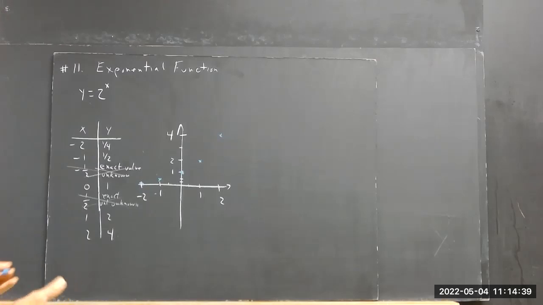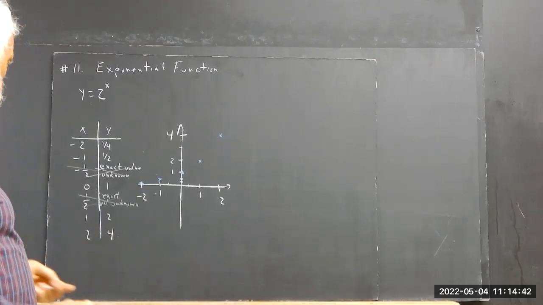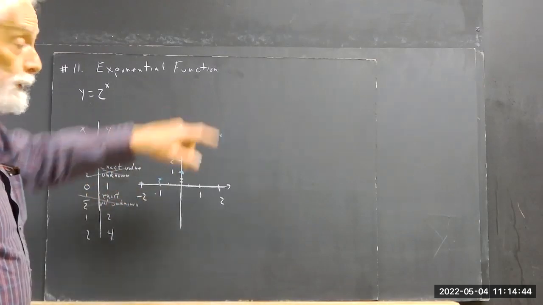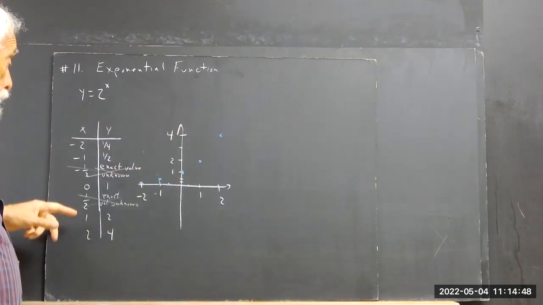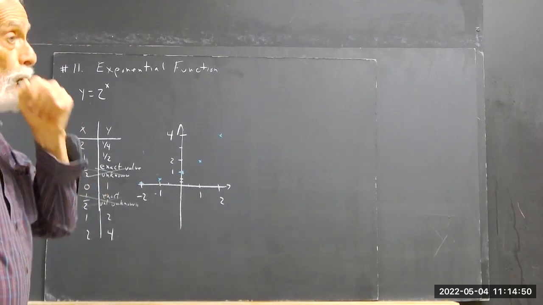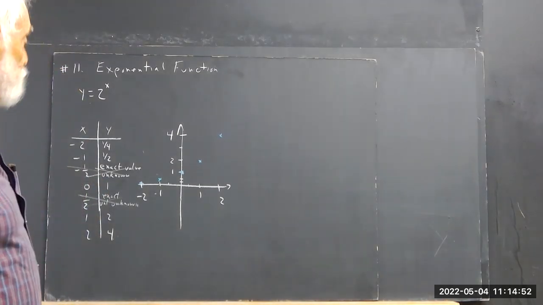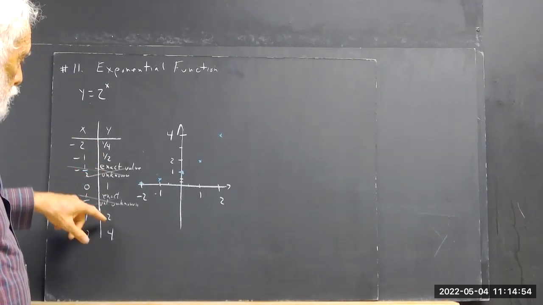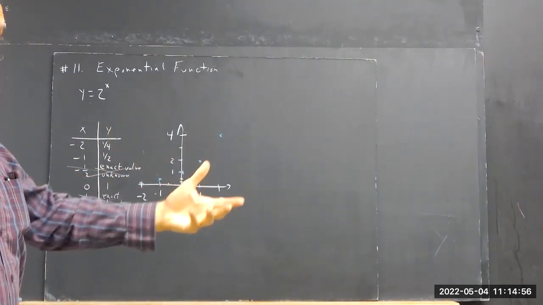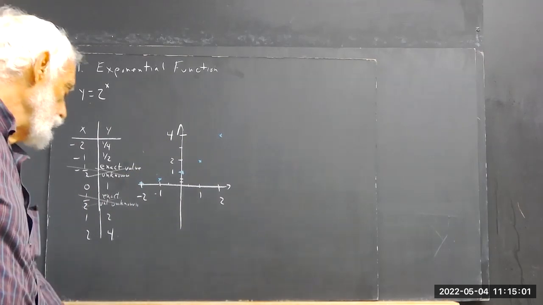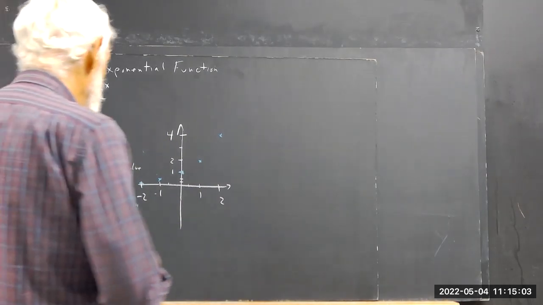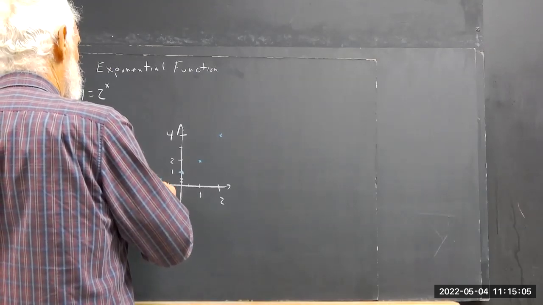Okay, now I use terminology, you don't have to know this, but I do use terminology. That's a basic function. Its domain is -2, -1, 0, 1, 2. Its range is 1/4, 1/2, 1, 2, 4. The y values form the range, the x values form the domain. Then I extend the function, and when I extend it, it means I sketch the curve.